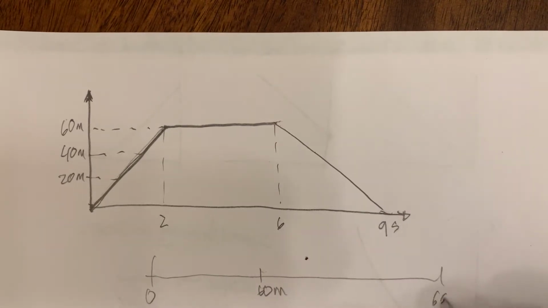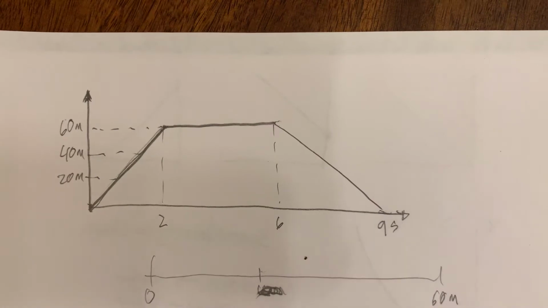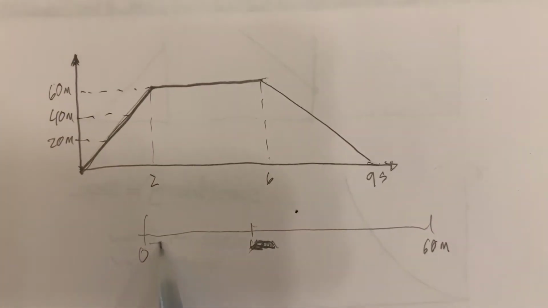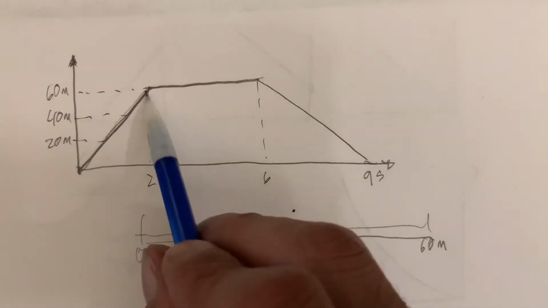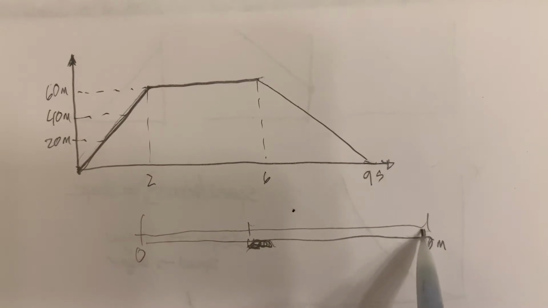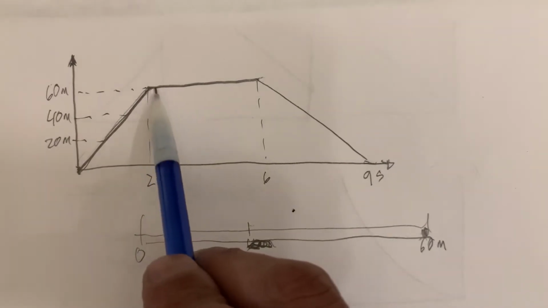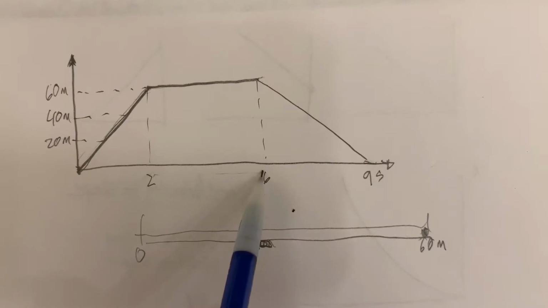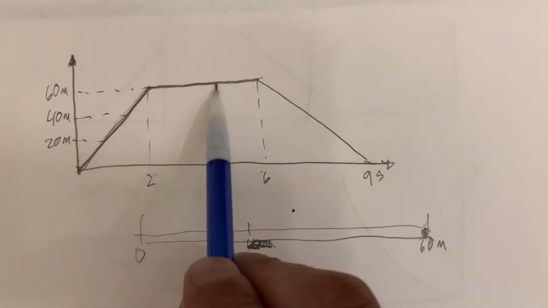So this guy starts from here, he goes over there, that means he got to the 60-meter mark. He waits there, he's not going anywhere. See, time is ticking, but he's staying in the same place.